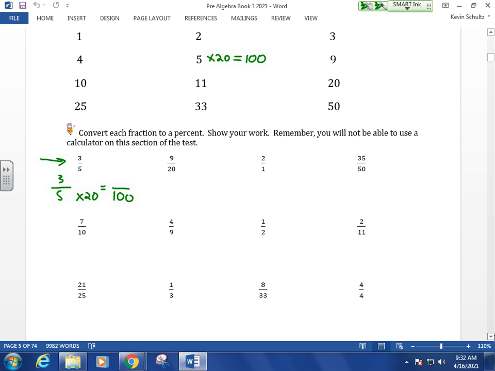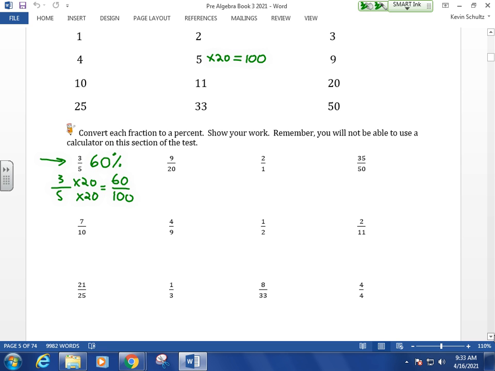Here's 20, which gives us a numerator of what? 60. Now we're in business, right? Because now we've got something out of 100. So what percentage is 3/5 or 3 out of 5? Alexis? 60%. Because it's equivalent to a fraction that's 60 out of 100.